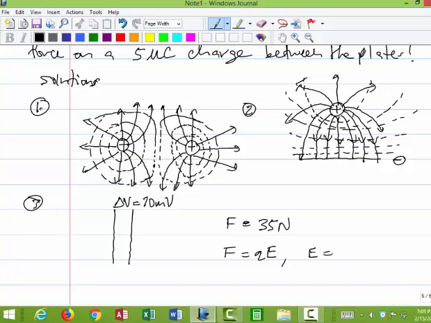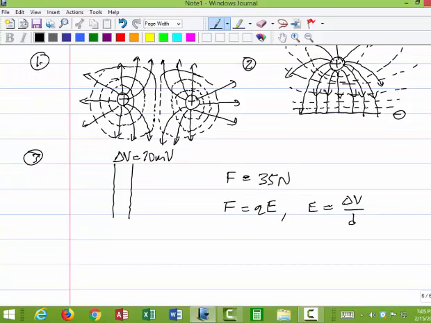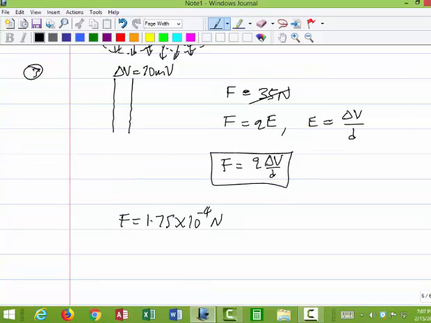The formula for E, at least for the parallel plate, we know that E is delta V over D. So we have delta V, we have D, and we have charge. So you just calculate F. F is equal to Q delta V over D, at least for the charge between the plates of the parallel plate capacitor. So you need to find E.